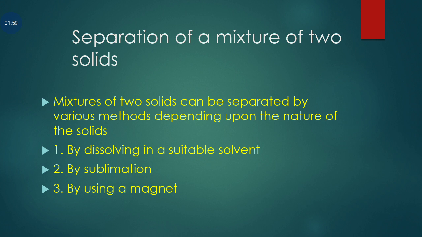Using this property of some solids, they can be separated from the other component. And the third is by using a magnet. Certain solids are attracted by a magnet, so this property can be used to separate those solids from the other component. We will discuss it in more detail.